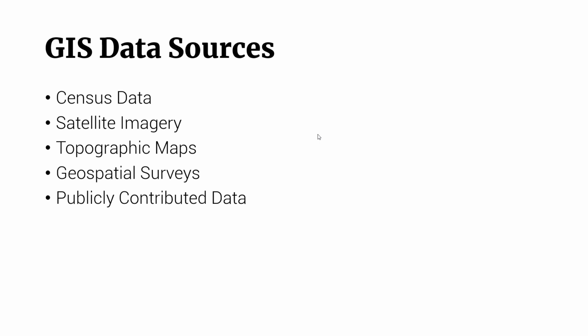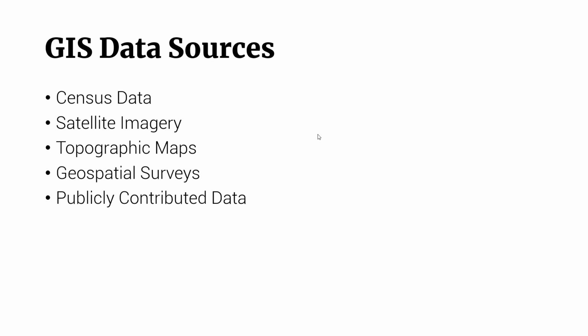Fourth one is geospatial surveys. These are ground-based surveys using GPS technology. These are field surveys, on-the-ground data collection or gathering. They use GPS, or global positioning system technology, through ground surveys. The last one is publicly contributed data.